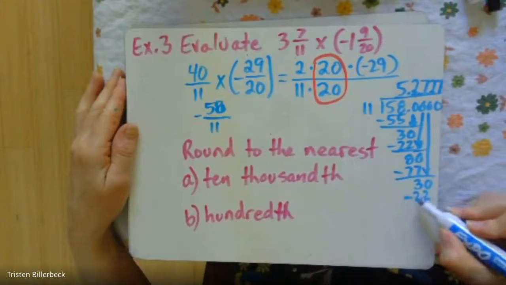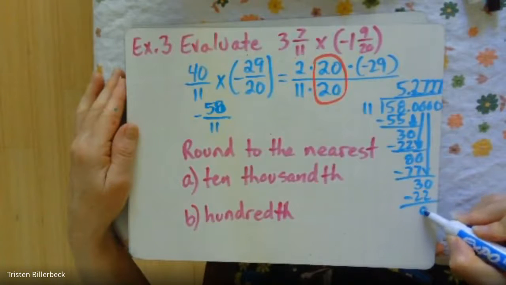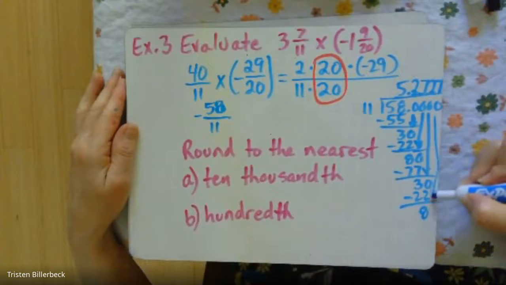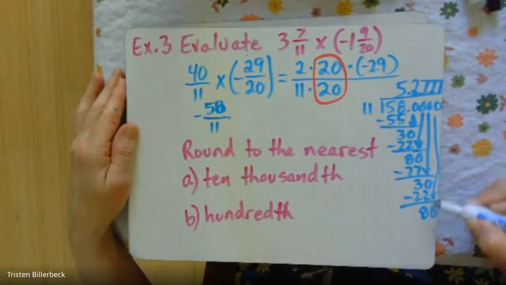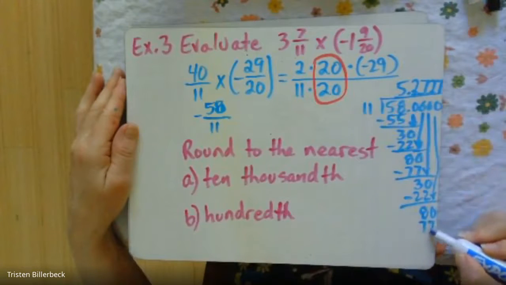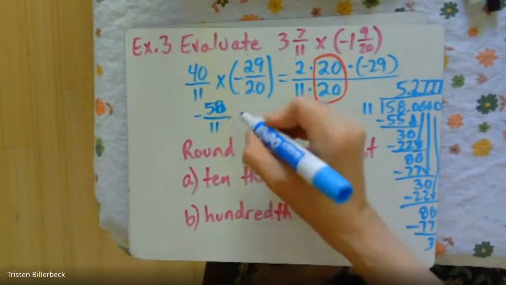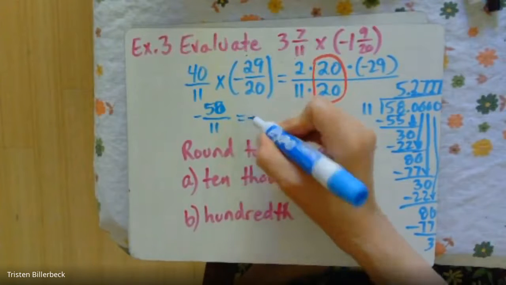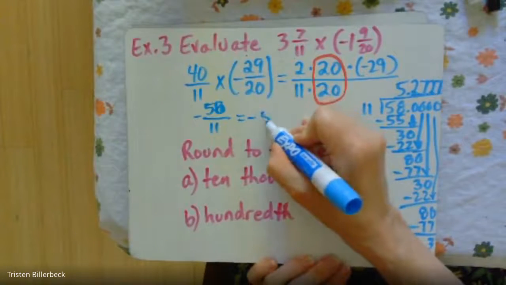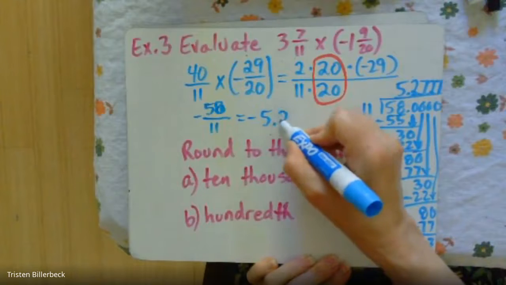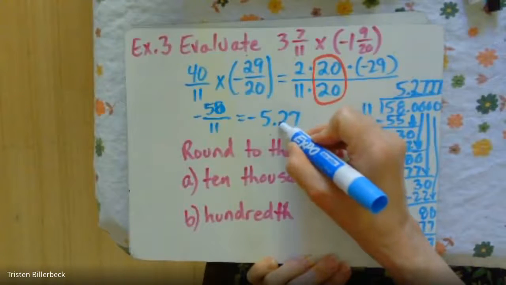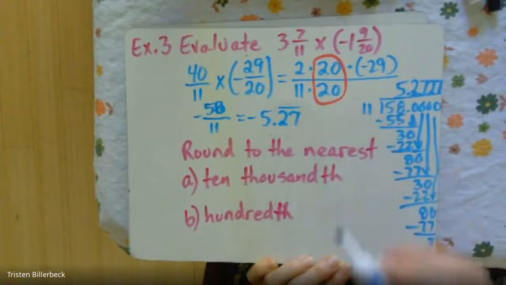So 22 minus, and we have 8, and we drop another 0 down, and there's 7. Okay, and then we're all back to 30 again. Okay, so this is the same thing as negative 5.27 with a bar over it.